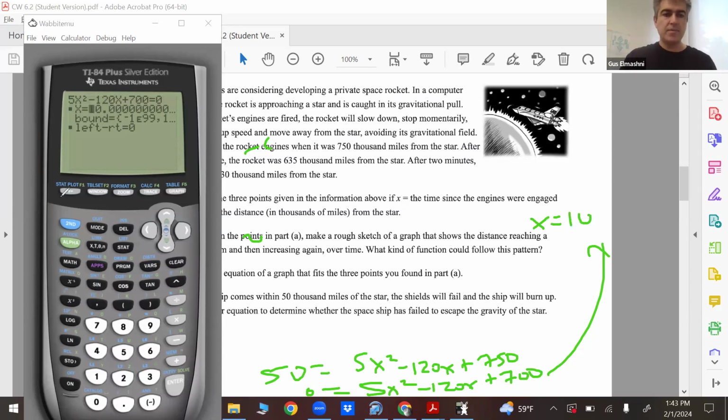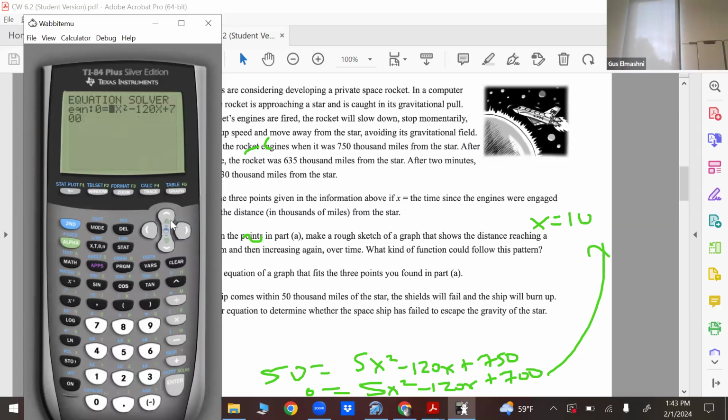How do you get the equal sign? The equal sign should be there already. Let me back up a little bit here. So you hit math and you hit solver. Mine's different. Let's see, you probably have a new operating system. Well, I think you're fine, actually.